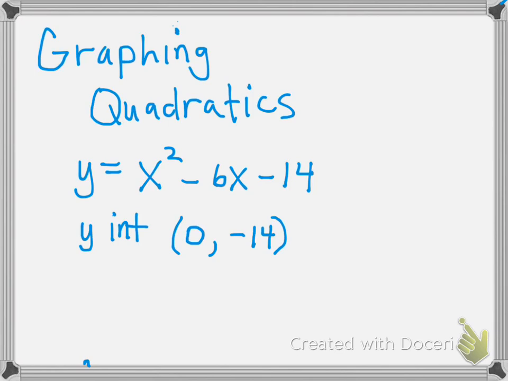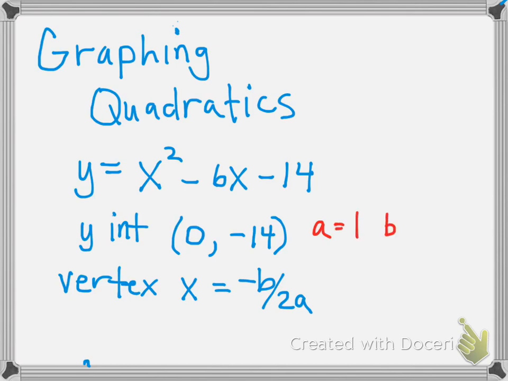So the y-intercept for this graph is (0, -14). The next thing you can find quickly is the vertex. In this form, the formula is negative b over 2a. It comes from the quadratic formula. In our equation, a is equal to 1, b is equal to negative 6, and c is equal to negative 14.